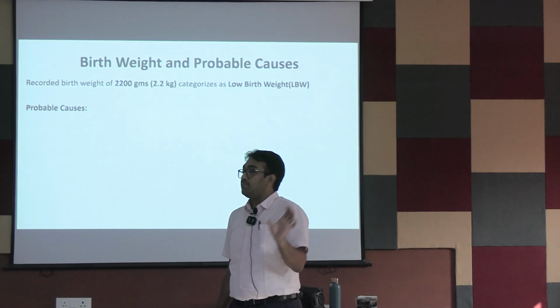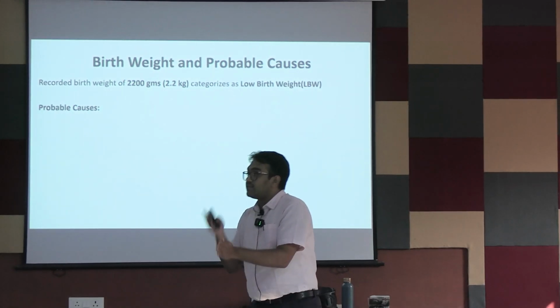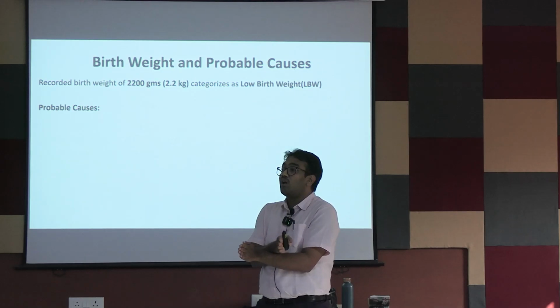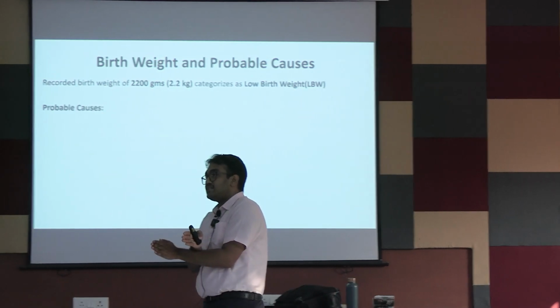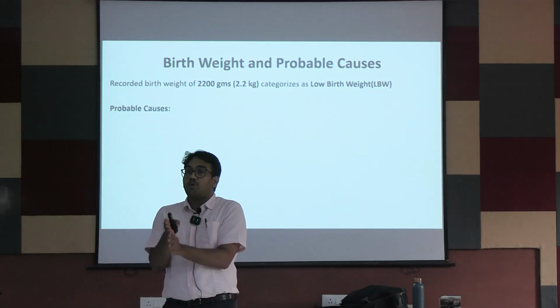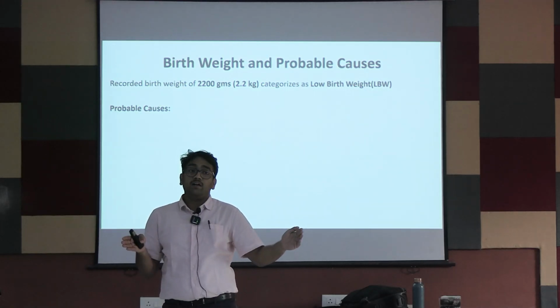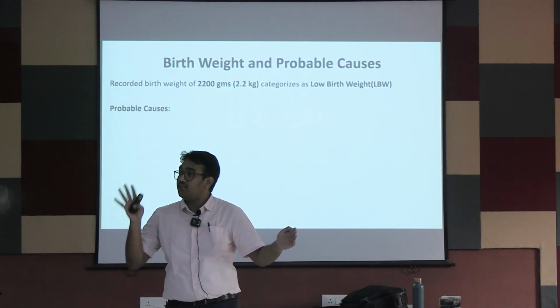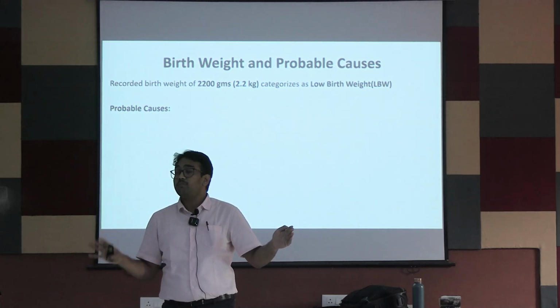If the baby is at term and still less than 2.5 kilograms, then the baby is a small for gestational age baby, SGA. If the baby is born before term and has a weight of less than 2.5 kilograms, that is also low birth weight, but that is preterm.